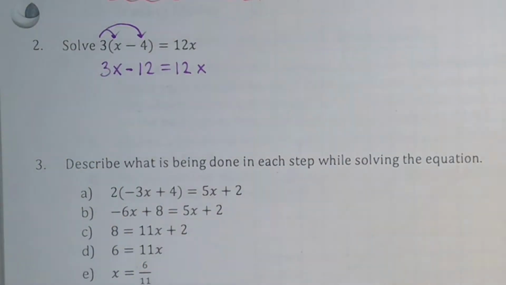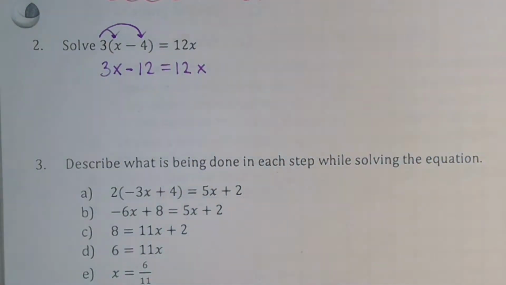So now if we start imagining this as a set of hangers with items on each side, I've got to keep everything balanced, but eventually I want the x's on one side of my hanger and the numbers on the other side, because that will show me what each x weighs or equals.